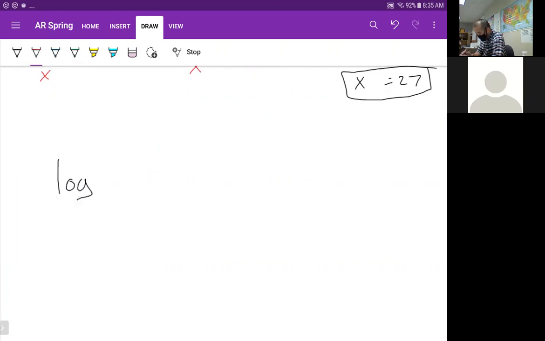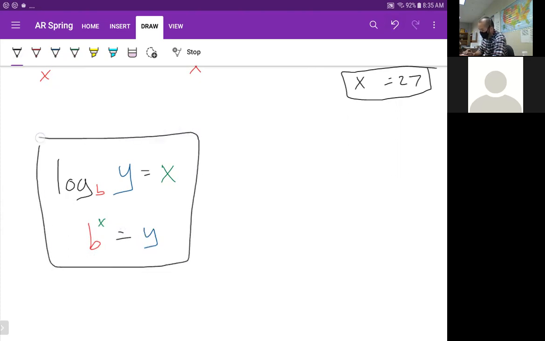Log base b of y equals x, which will be the same thing as b to the x equals y. So this is important. This is how you do the change of base stuff.